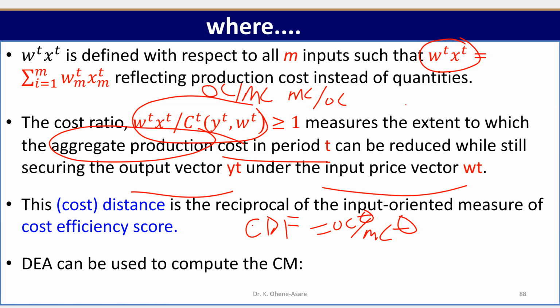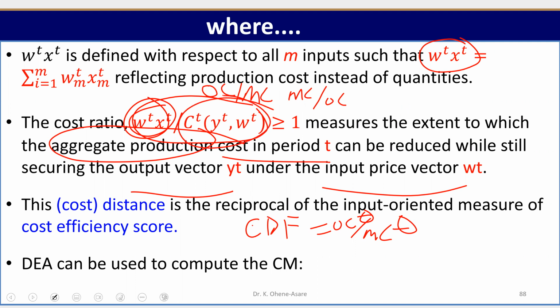Yes, Christabel. Please, why is it a distance? The cost distance function value is a distance because you are looking at how far this observed cost is from this minimum cost.